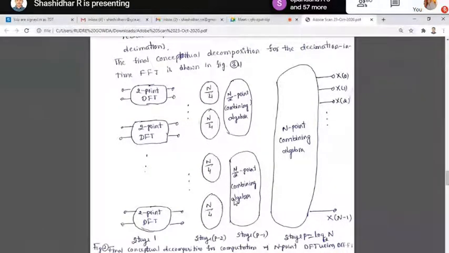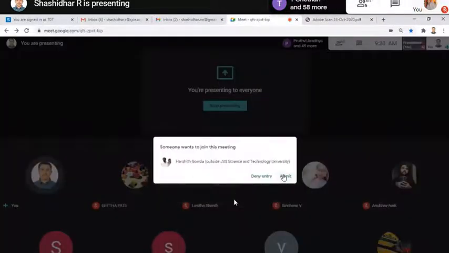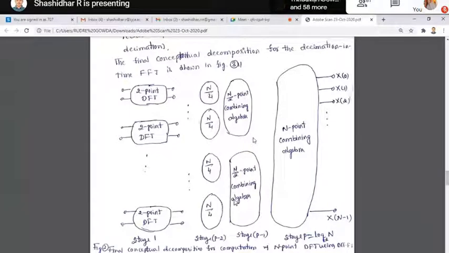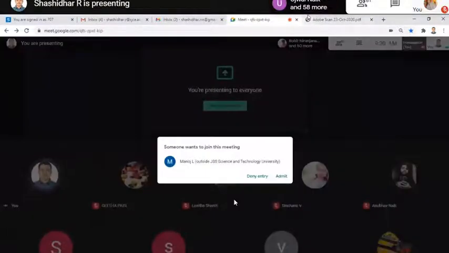And here we have N/4. I think people know N/4, N/4 means N/2 is divided into two parts. So when you combine these N/4 parts, we get an N/2-point combining algebra.